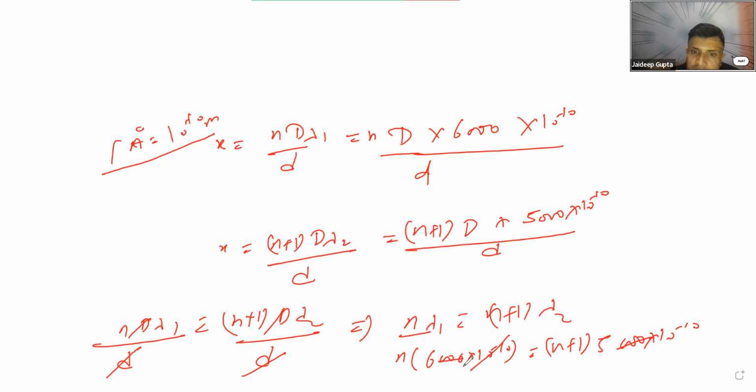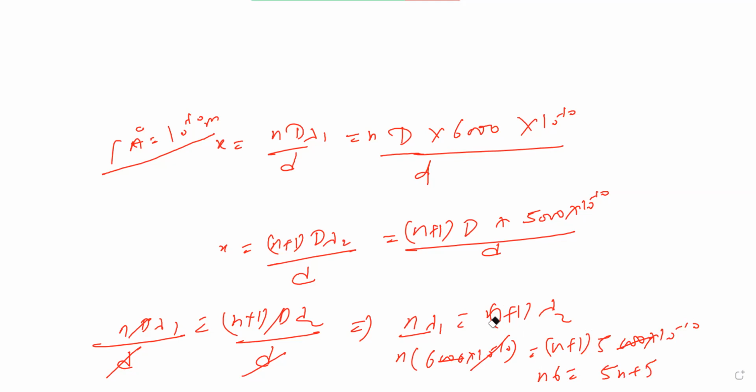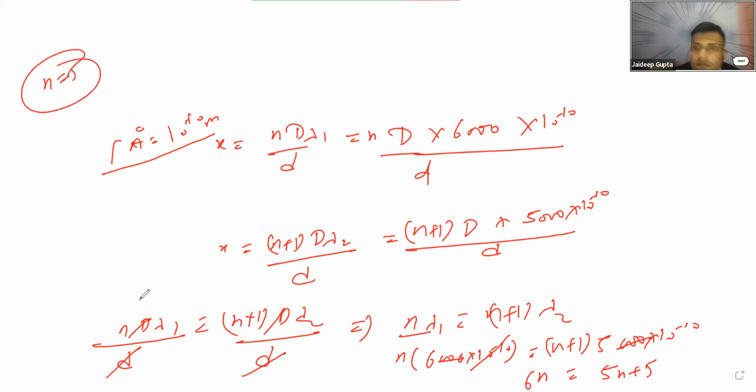Three zeros will cancel out. So 6n equals 5n plus 5. If you move this side, 6n minus 5n equals n. So n will come out 5. Do you have any problem? No, sir. Great.